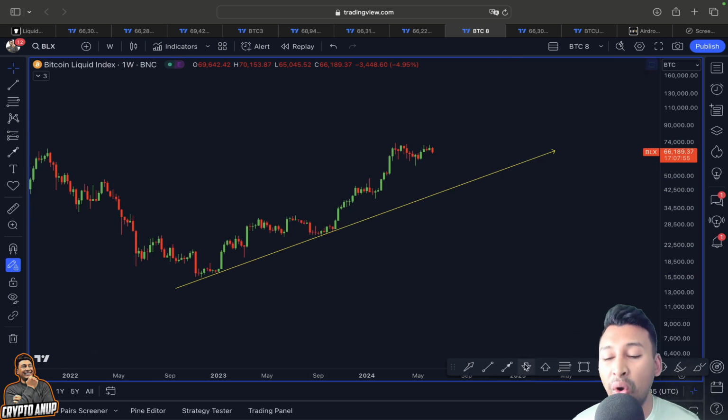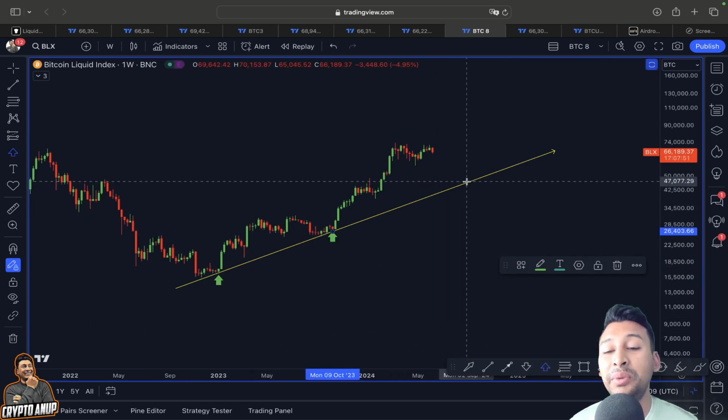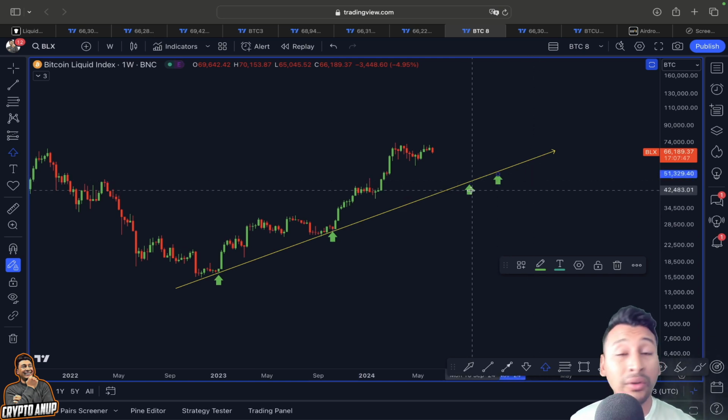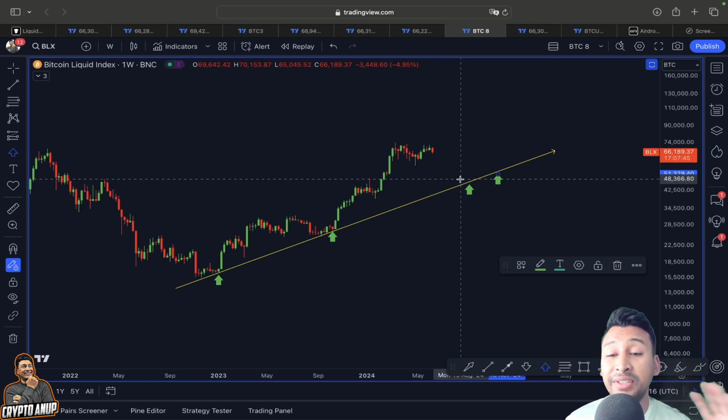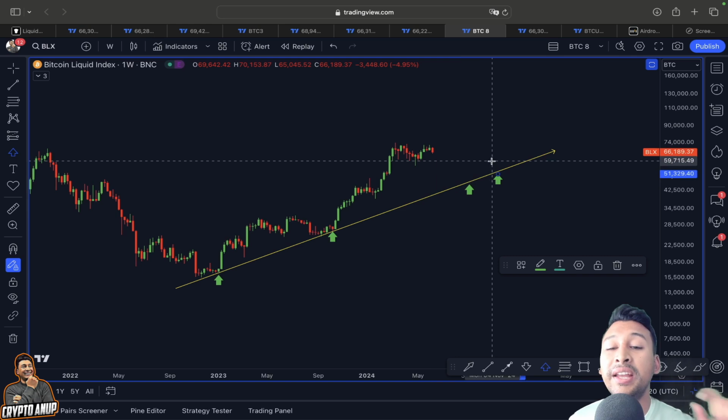Yes, guys, in the worst case scenario, this rising trend line could be attracting us, which will be around 45 to 50,000. Yes, this trend line could be attracting us in the worst case scenario.